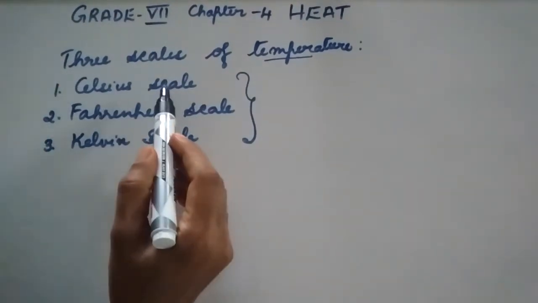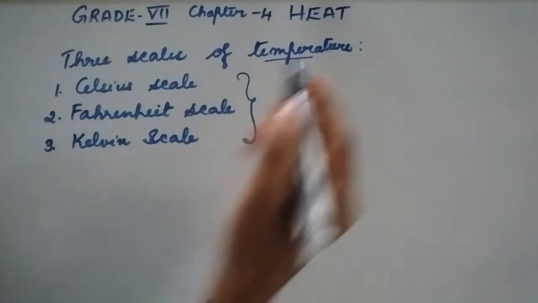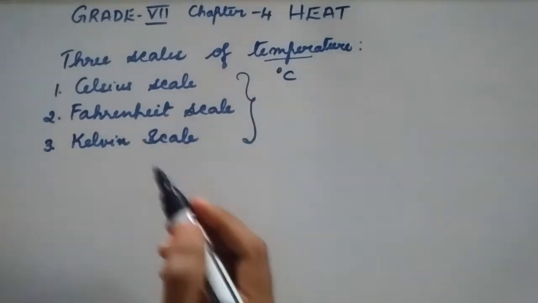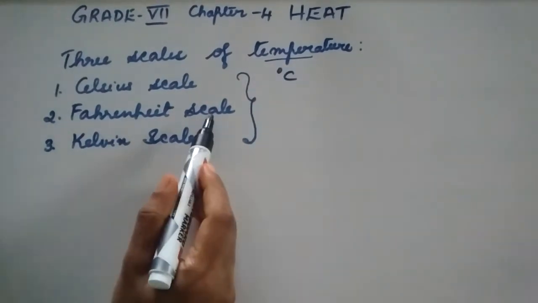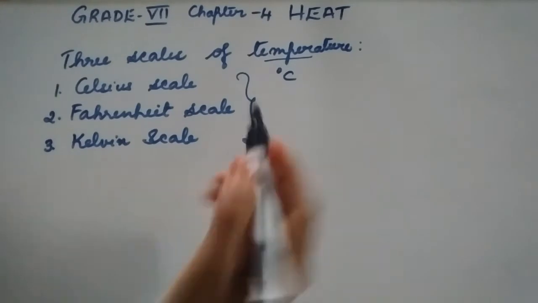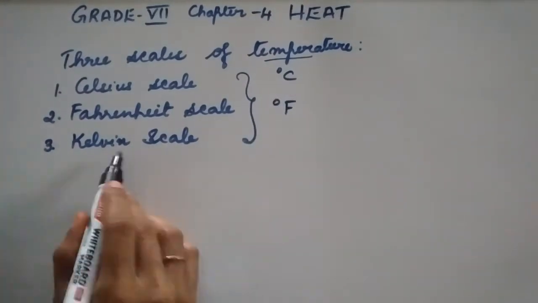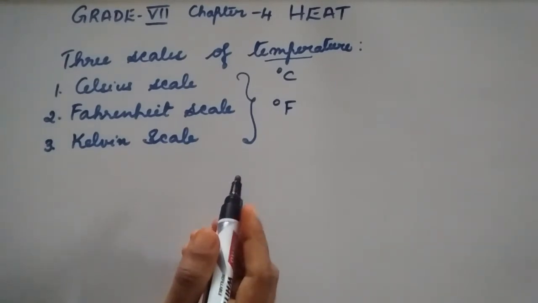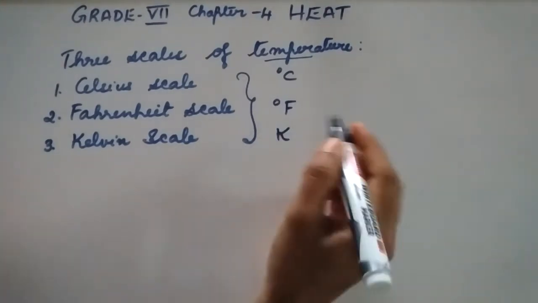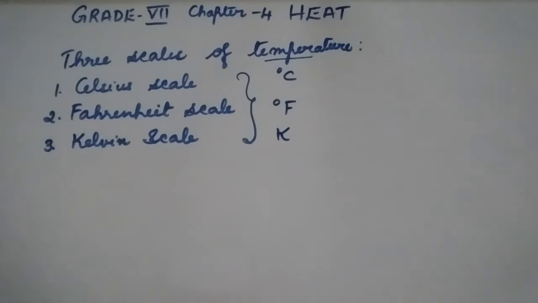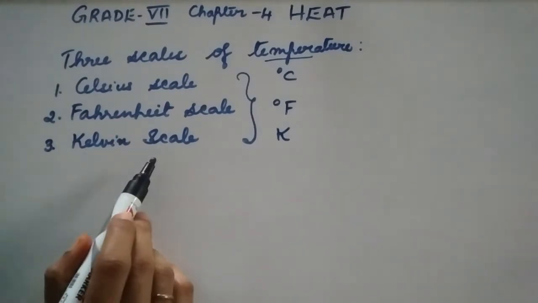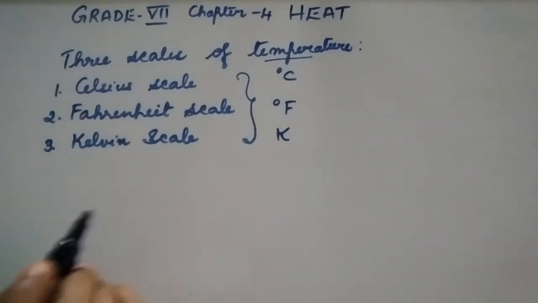Celsius scale is indicated by degree Celsius, the Fahrenheit scale is indicated by degree Fahrenheit, and the Kelvin scale is indicated by Kelvin, that is K. So the temperature scales are defined by two fixed points.